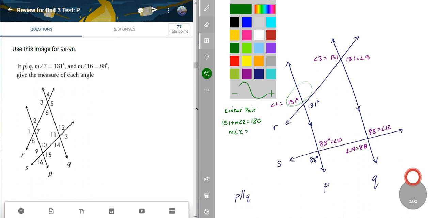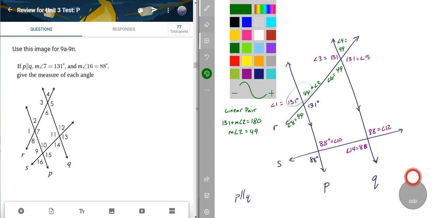We'll see that the measure of angle 2 is 49 degrees. So we'll throw 49 in there. That's our angle 2. Our vertical then is 49. That's our angle 8. And then our corresponding is 49, which is angle 6. Vertical on that is 49, which is angle 4.